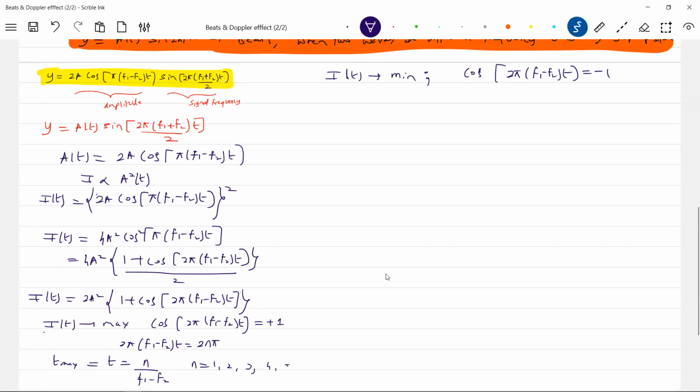So for what values will it be negative? Anybody? So it should be equal to, shall I put (2n minus 1) pi?